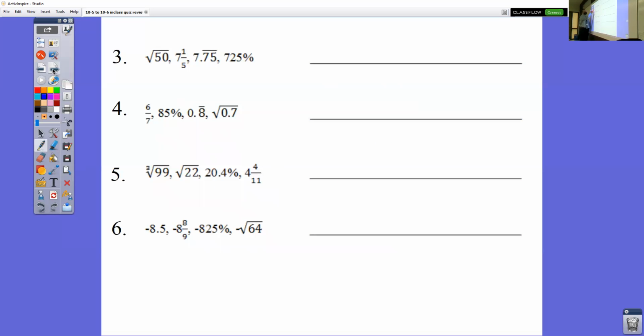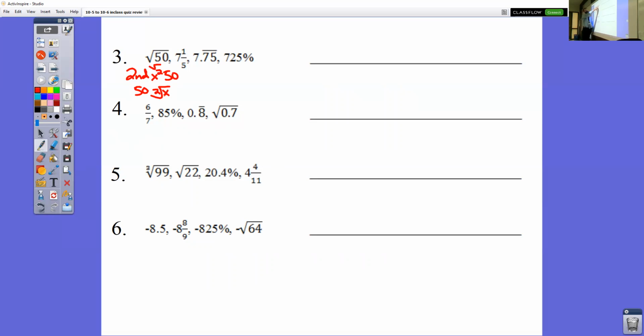Now, remember, in question number 3, when you go to type in the square root of 50, you have to hit the second button, then the x squared button, which is really your square root button, then your 50. If you go to use a device and type that into the calculator, you would have to hit 50 and then hit the 2 with the square root symbol.